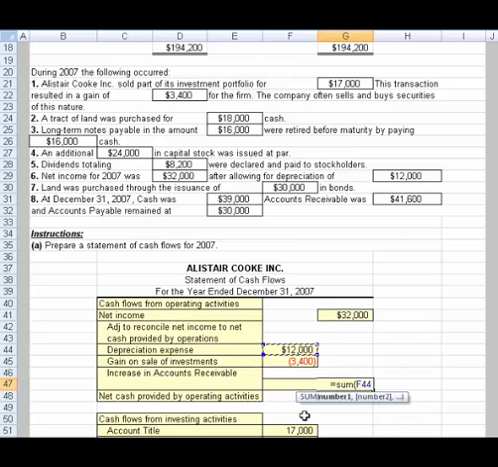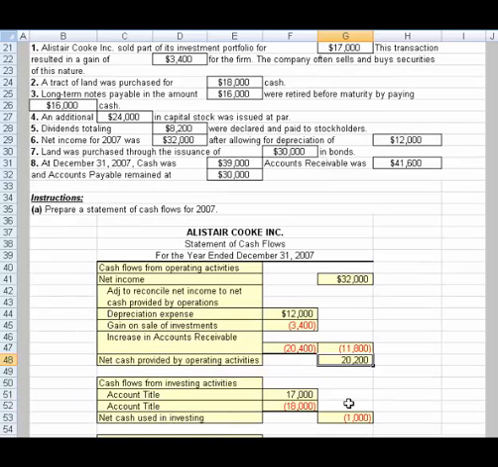Okay, so I'm just going to sum this by just using the plus key to deal with the formatting that was in this template that we use. Okay, so we had a net adjustment of negative 11.8, and if we add the $32 thousand of net income plus the adjustments to reconcile net income to net cash, we come up with $20,200 net cash provided by operating activities.